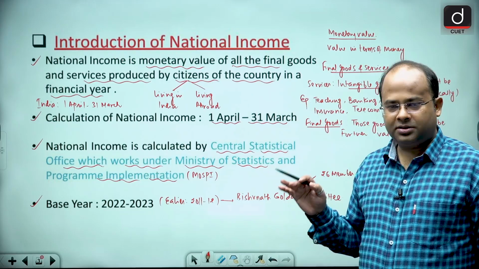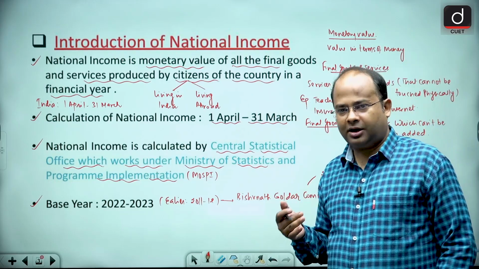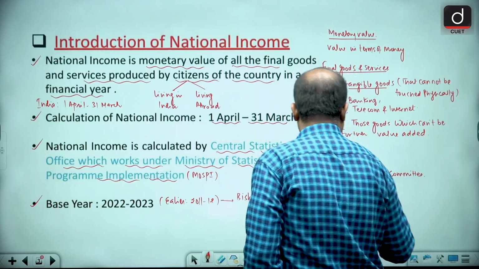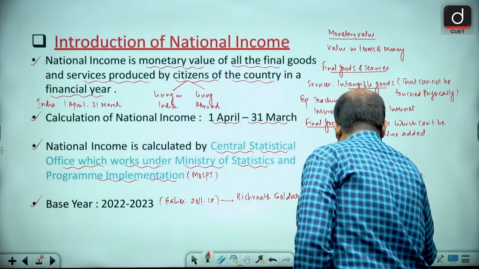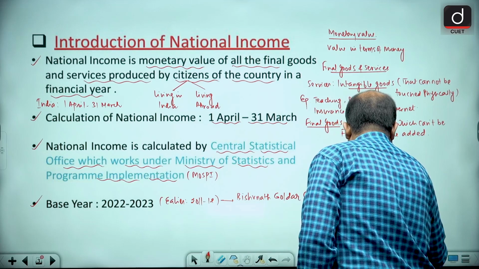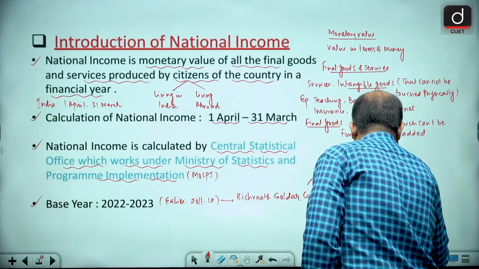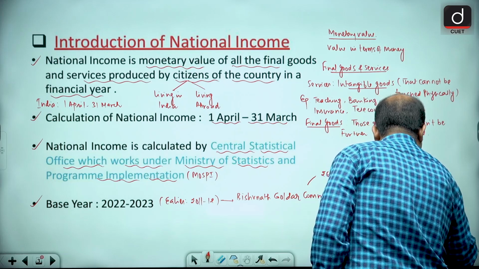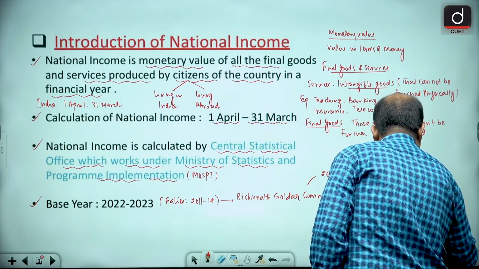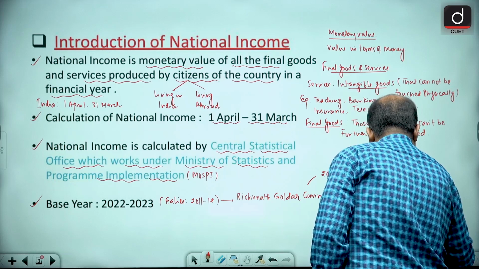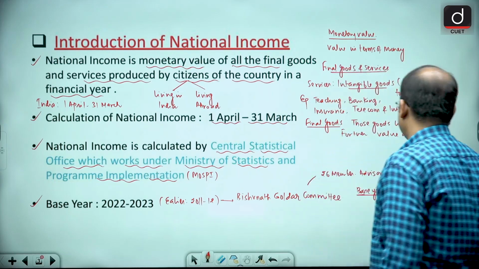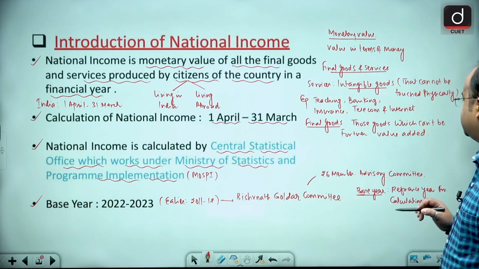Now, what is base year? Base year is a reference year for calculation. And the year that shows the least fluctuation in the market is considered as the base year.